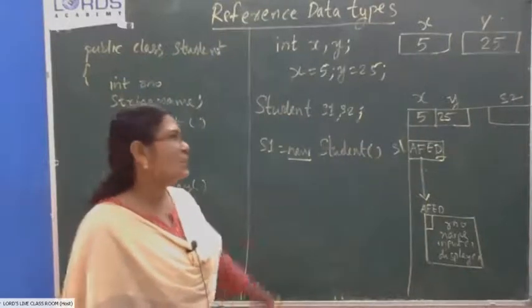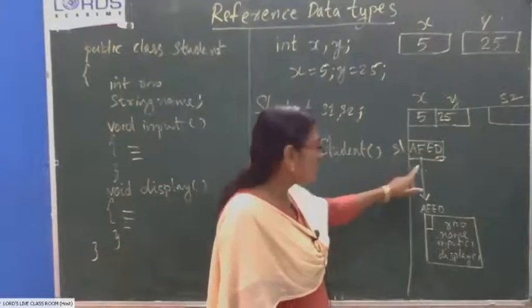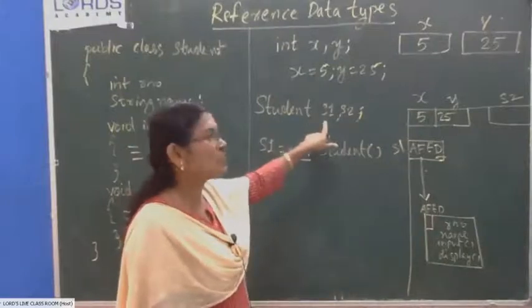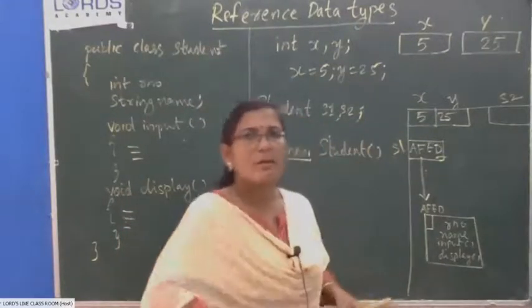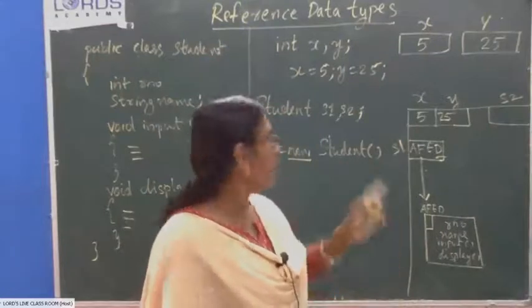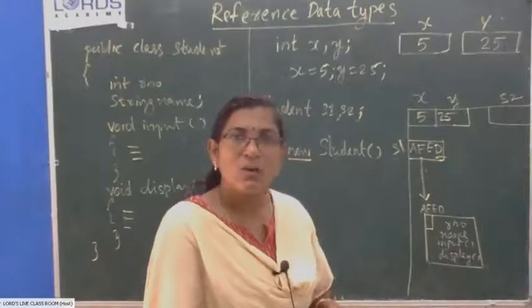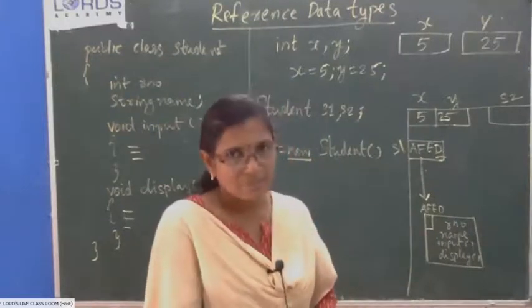Did you understand? S1 is not an ordinary storage location. It is a student type variable. Student type S1, S2 means declare two storage locations in the memory of type student, which we will use later to store the addresses of student class objects.